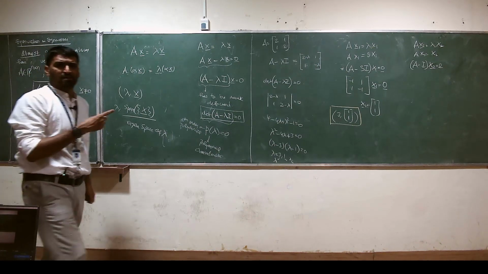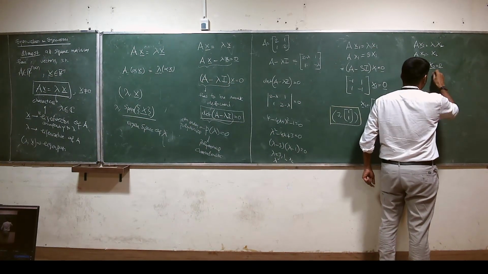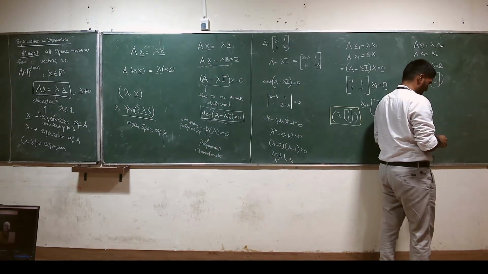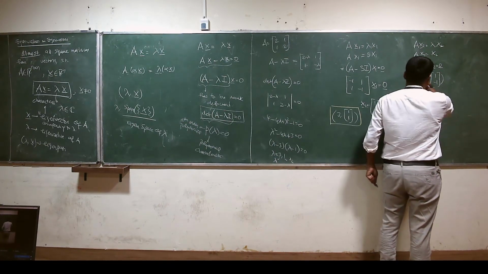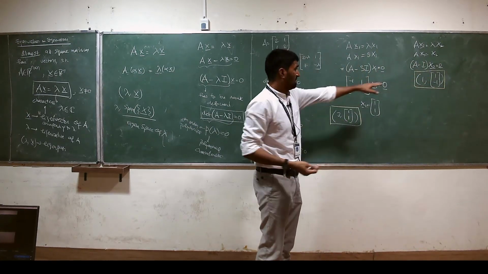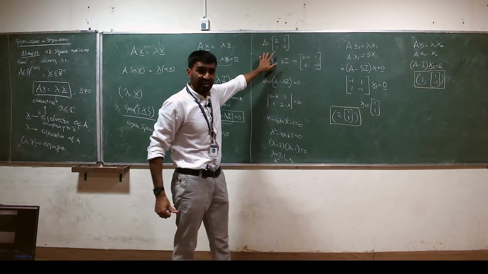Yes, so the second eigenpair is 1, and that's the complete solution for finding out the eigenvalues and eigenvectors of this matrix A.